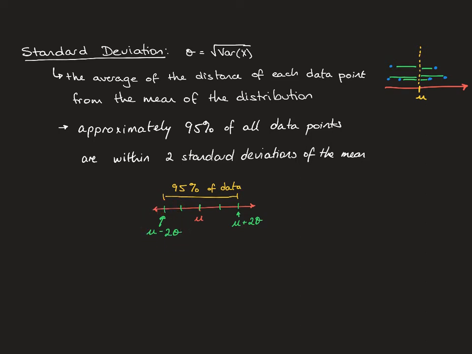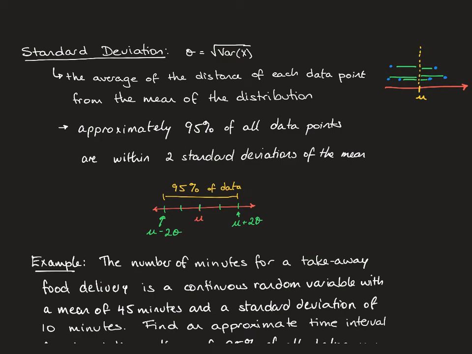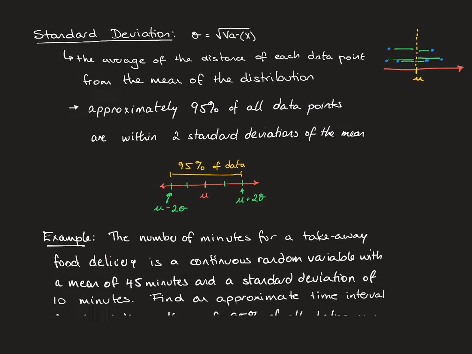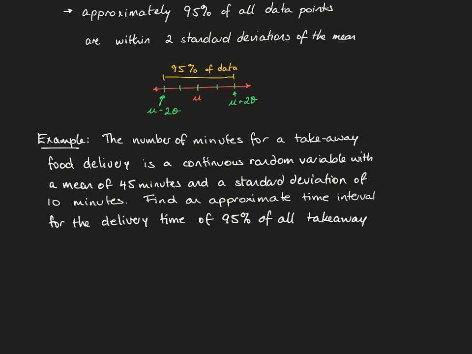So the sorts of questions you get around this idea are things like, for the number of minutes for a takeaway delivery, it's a continuous random variable with a mean of 45 and a standard deviation of 10. And what they're asking us to do is find the approximate time interval for a delivery time for 95% of all takeaway deliveries.